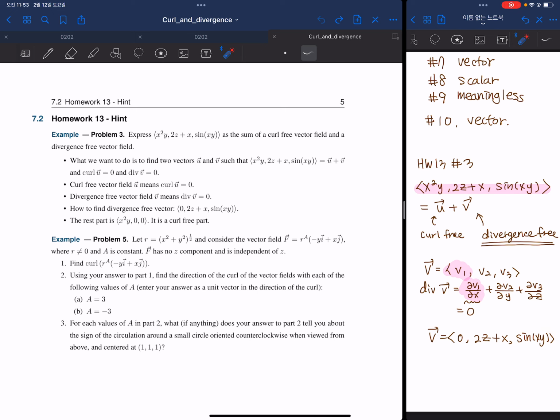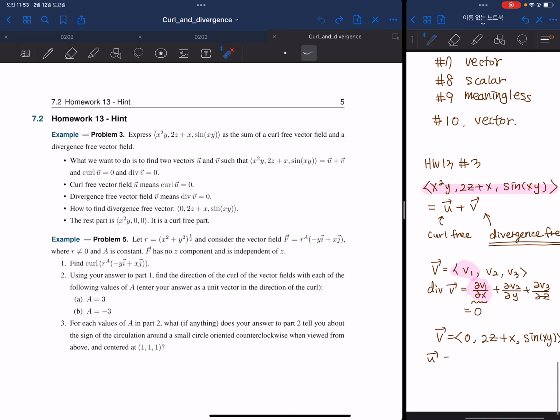So this vector is a divergence-free vector. And then what is the left term? Here we want to say the given vector is u plus v, and we define v like that. Then u is just the vector (x squared y, 0, 0), right? If you add the two vectors, you get the given vector.